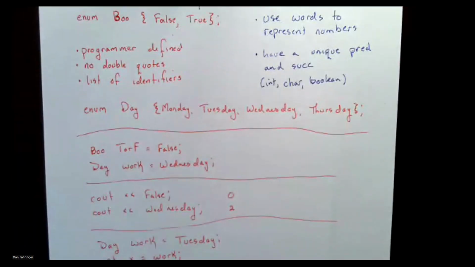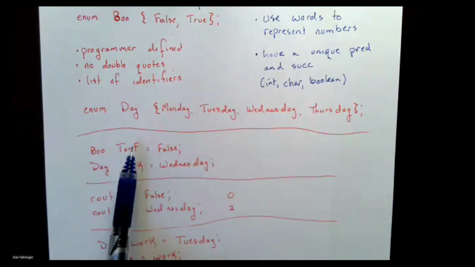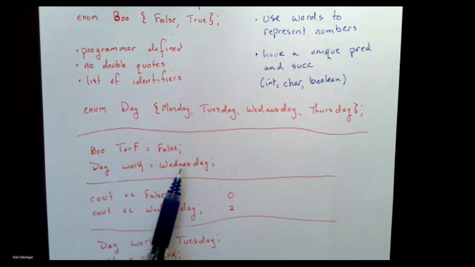All right, so I can declare a variable of type Boo. I call it torf. Some people think that's T or F, like Mork and Mindy. No, torf gets the value of false. Again, no double quotes. Work gets the value of Wednesday, no double quotes.